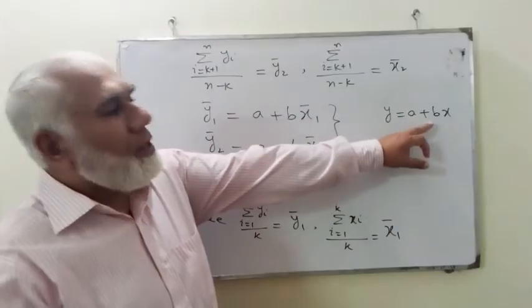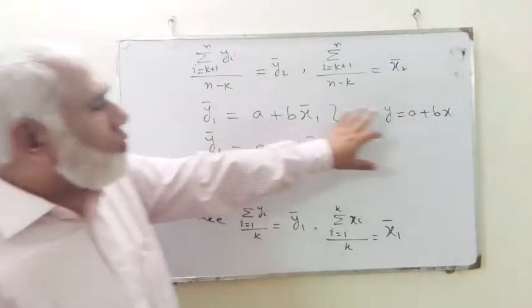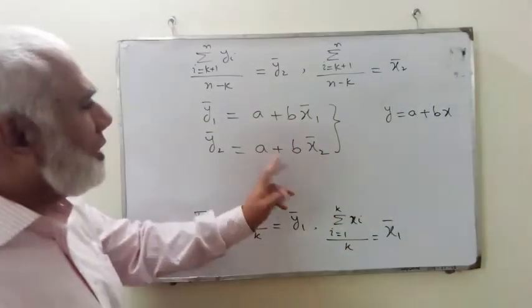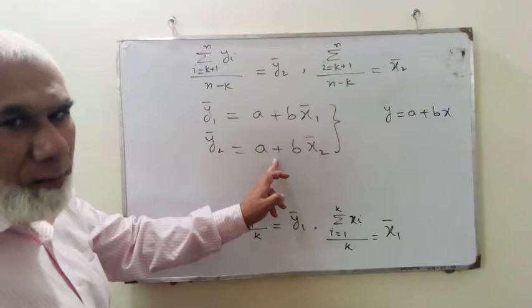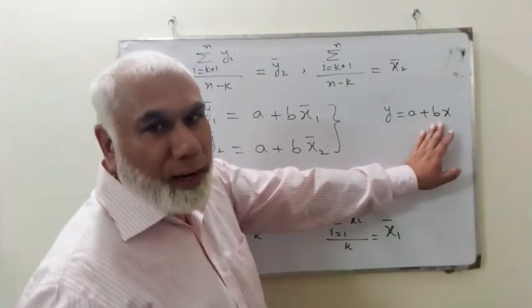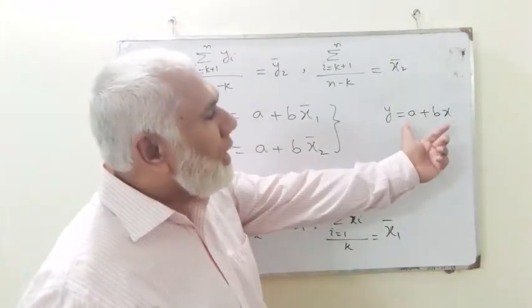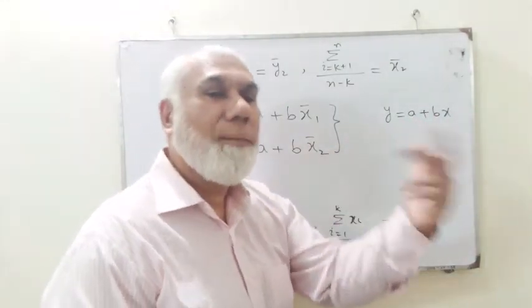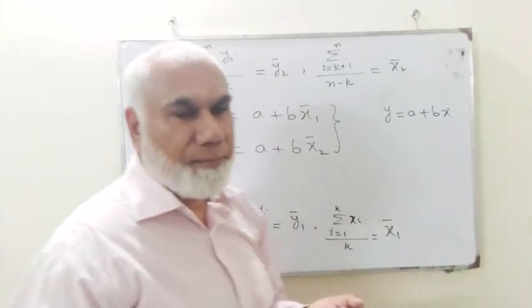So these 2 equations will be helpful and guide us to find the suitable a and b, and then we can put those a and b back into the main equation of the straight line, and that is the required equation of the line, which is going to approximate the given set of points.